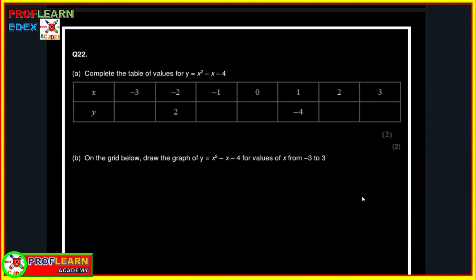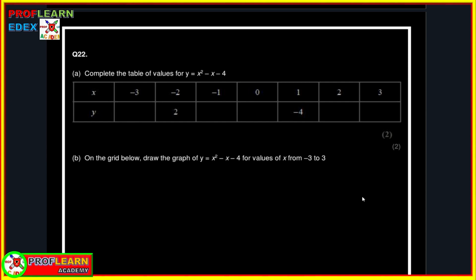Now, we have done much of the questions on algebra. You also need to understand how to complete a table, fill it in and draw a graph, and that is why we have this one here. Remember, if you are finding the value of y when x is -3, it means we are going to substitute -3 into the expression.